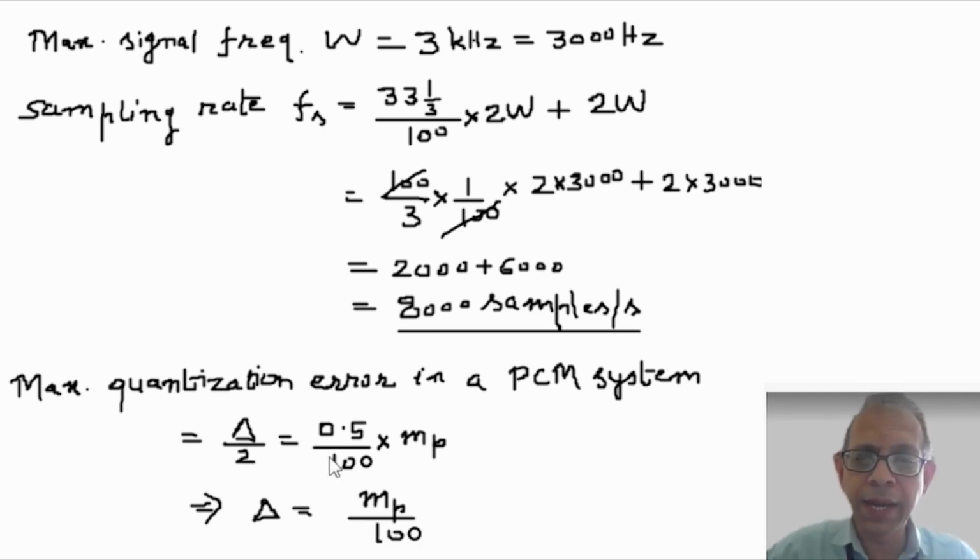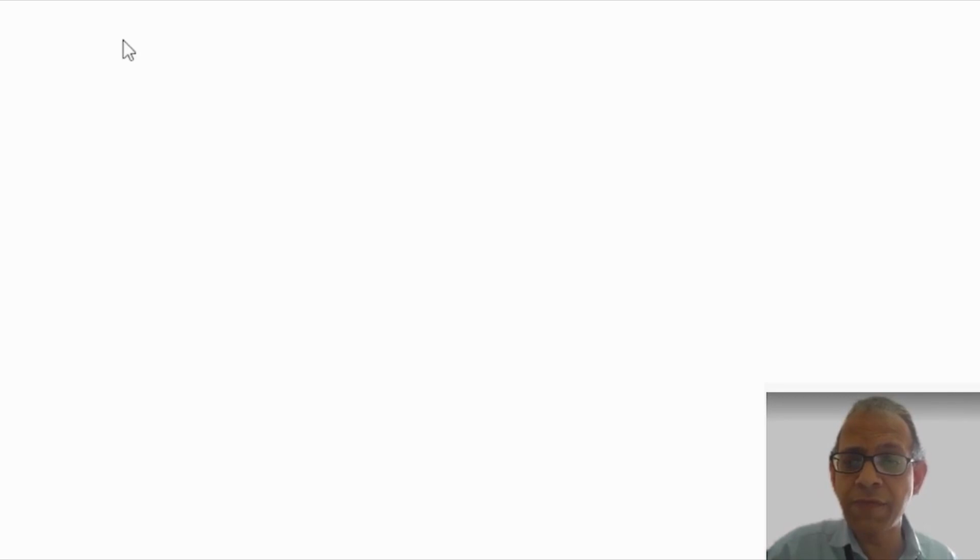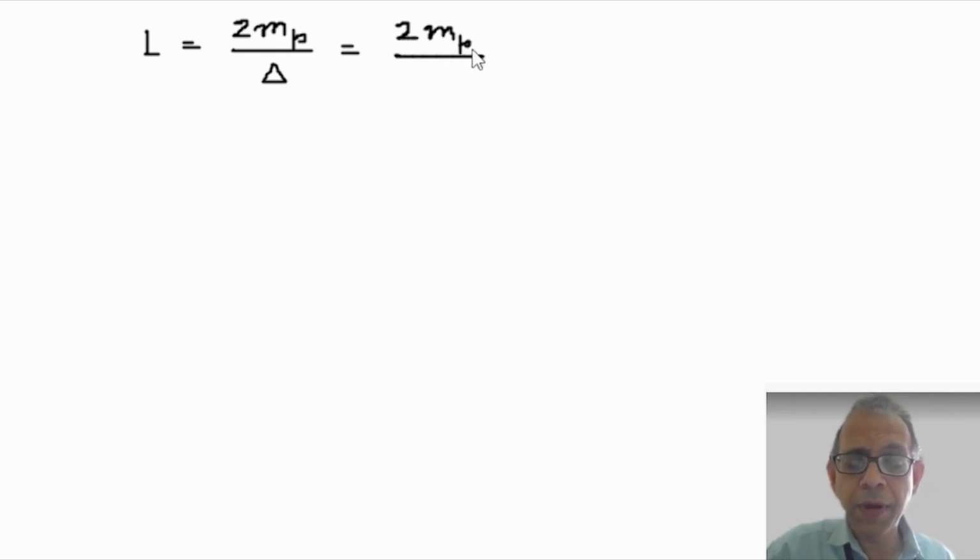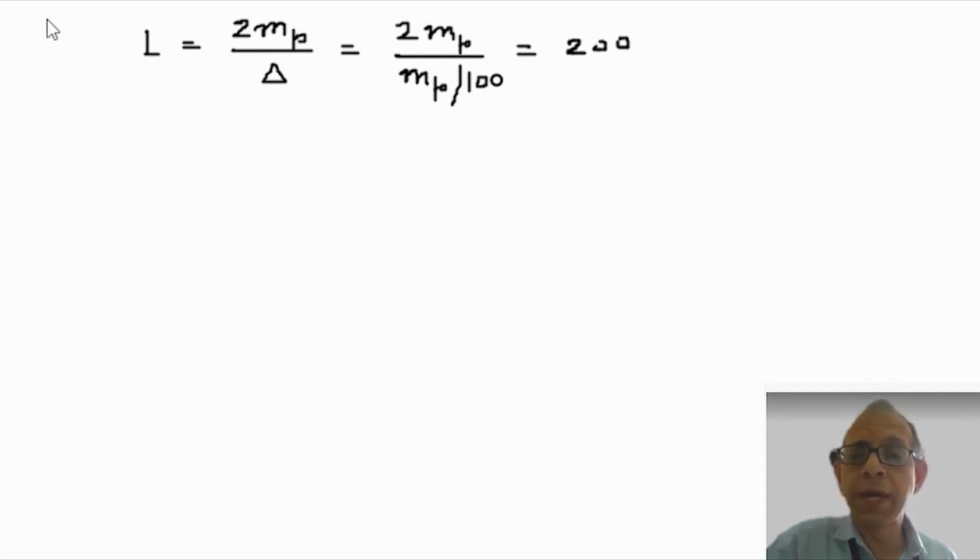Now we further note that the number of quantization levels L is equal to the dynamic range 2 times mp divided by delta. So it is equal to 2 mp upon mp by 100, so it is equal to 200. The quantization levels are 200.